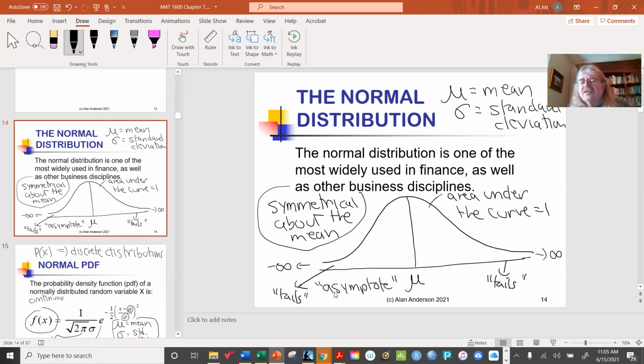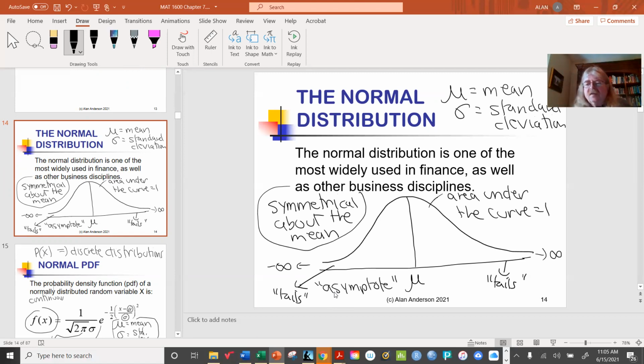The total has to be 1. If it's not, then this is not a valid distribution. This is no different than what's required. Remember we said before that with a discrete probability distribution, they have to add up to 1. It's the same thing here. It's just that it's not a table, it's a curve.